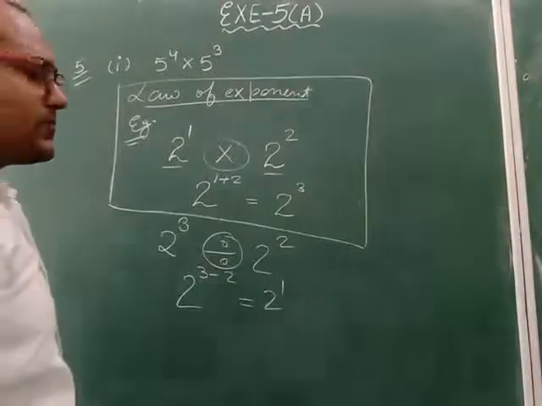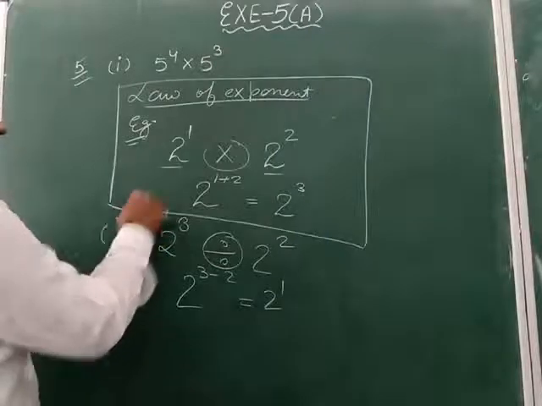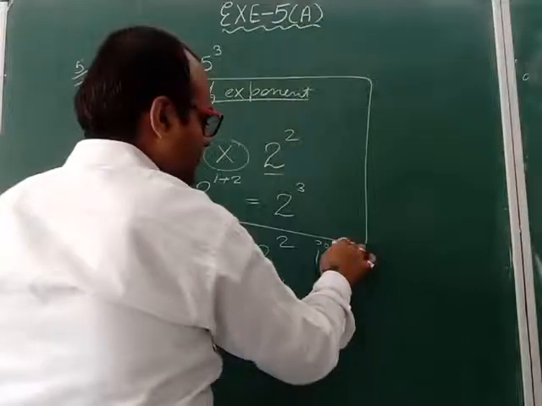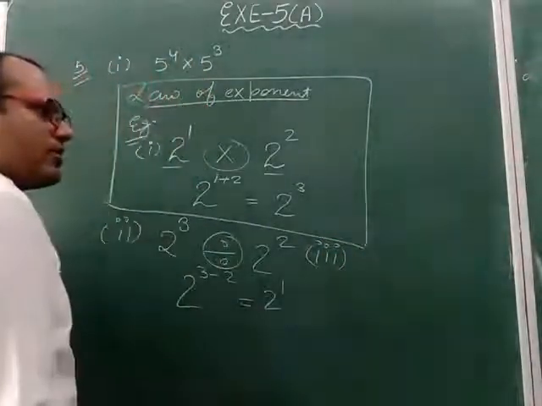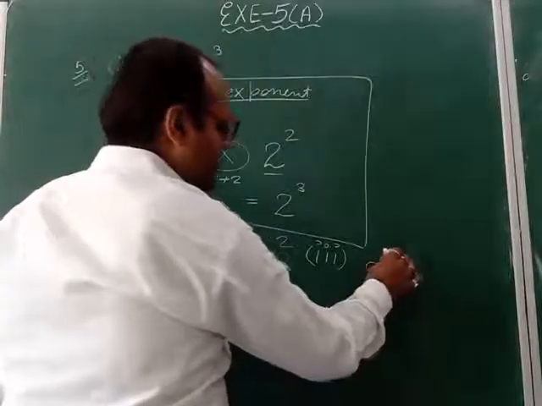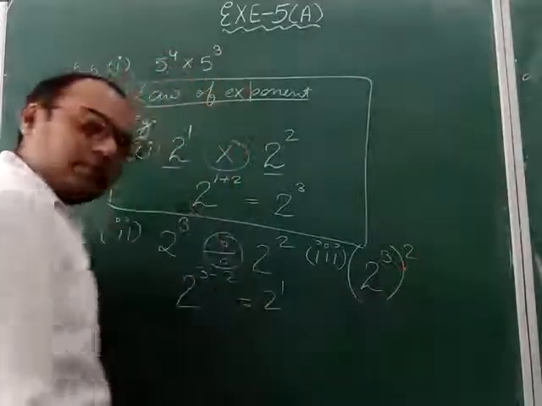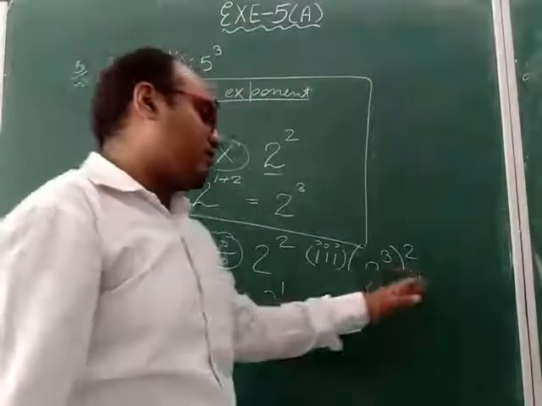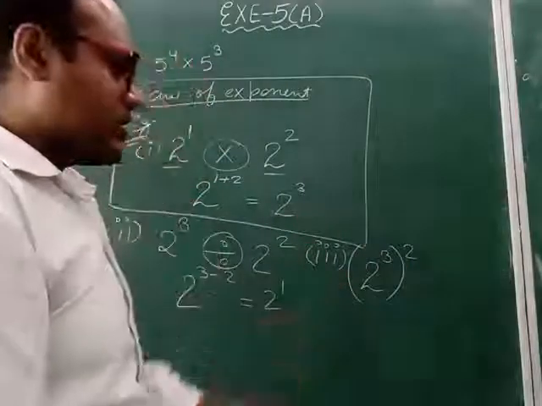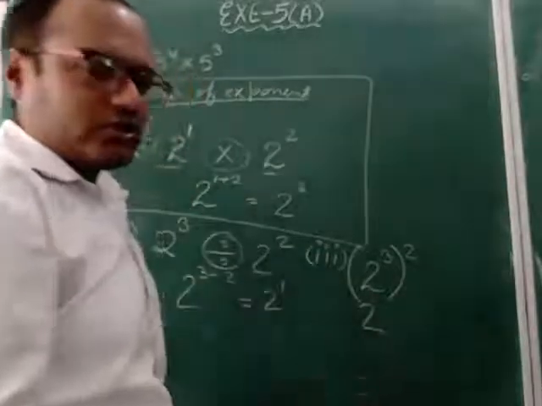And third law, if this is the second law and this is the first law. Third law, if base power is given and outside that whole power is also given, double powers are given, one power inside the bracket and one power outside the bracket, then in such case you write the base same, base we will not change.